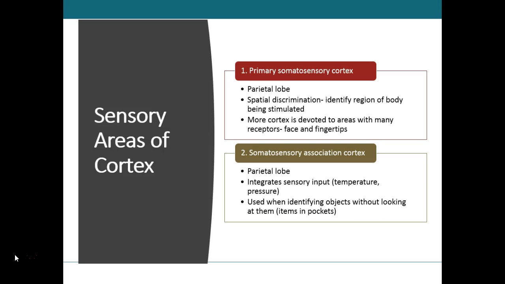Is it cold? It also helps you to identify the exact shape or texture of something just by feeling it. It also plays a role in the storage of memories of past somatosensory events. It enables you to compare what you currently feel with something that you've previously experienced.